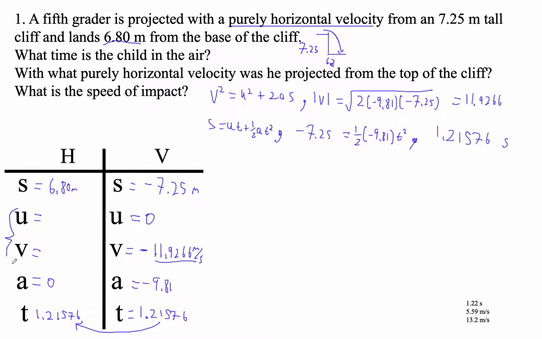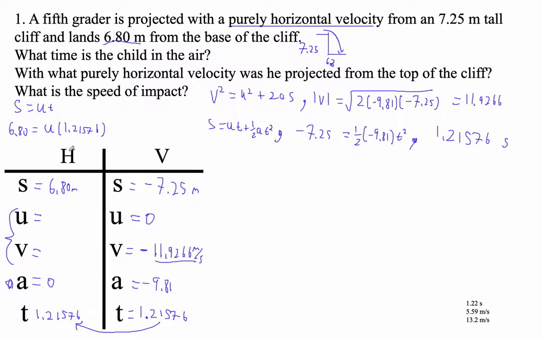Remember, these guys are the same. Whatever the initial is, the final is, and that's because the acceleration is 0. So now we can find this. It's just going to be s divided by t. So the formula is s is ut. So 6.80 is equal to whatever that velocity is times 1.21576.